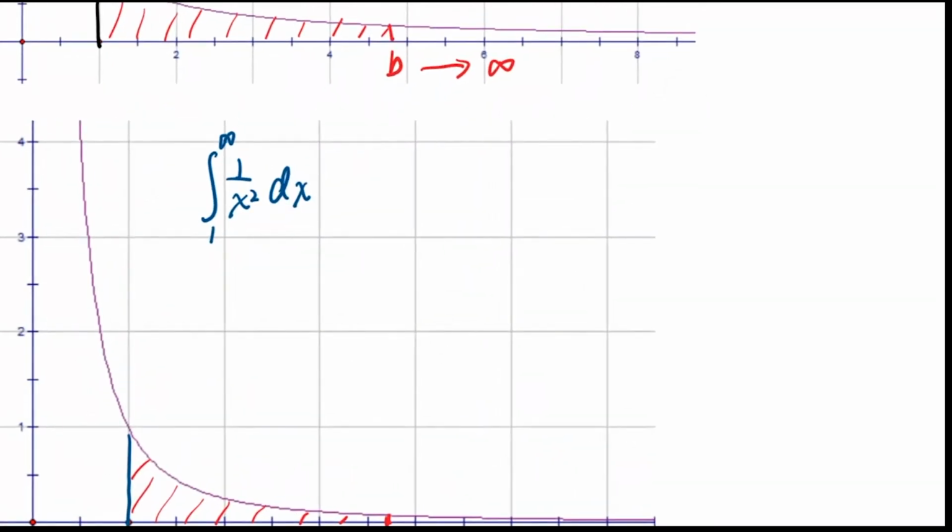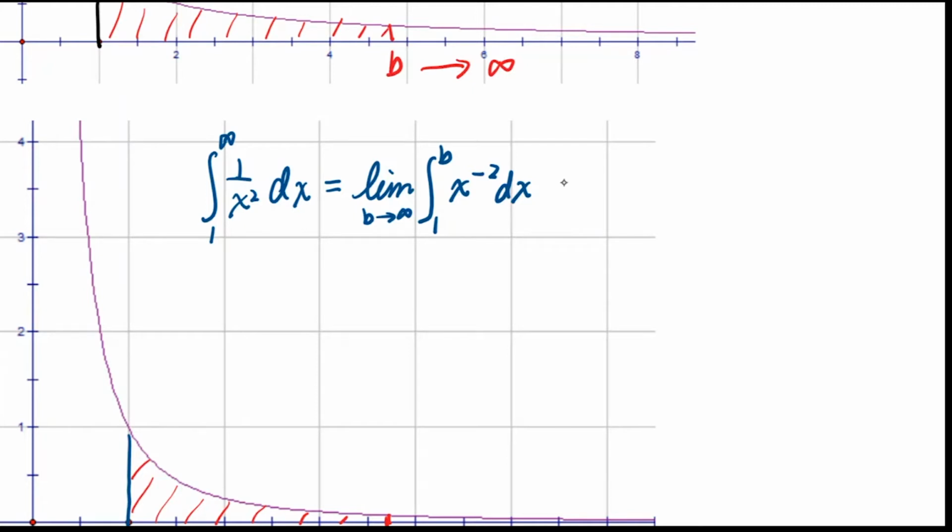So first thing we do, we rewrite this into a proper integral, which is the limit as b approaching infinity of the integral from 1 to b, and might as well write it like that, right? Good.